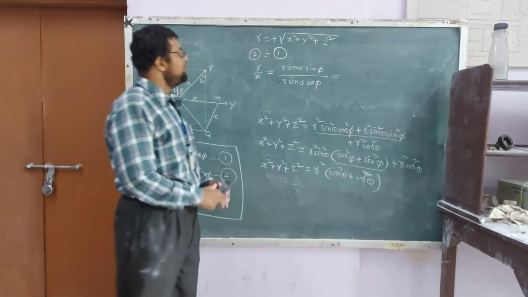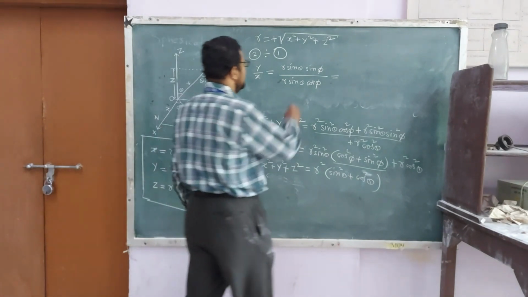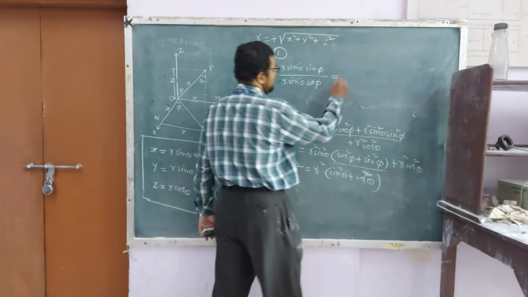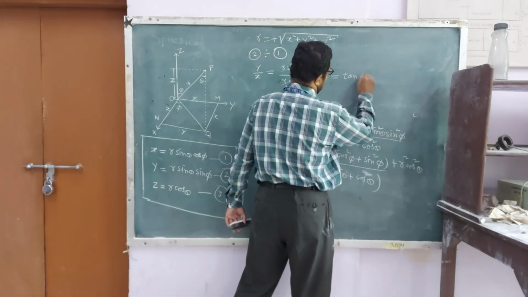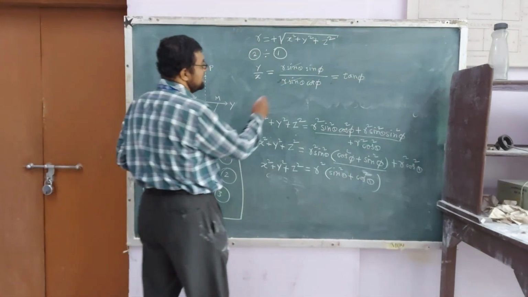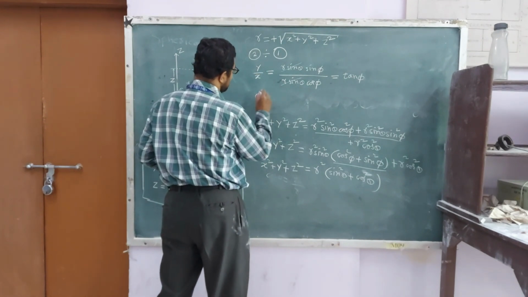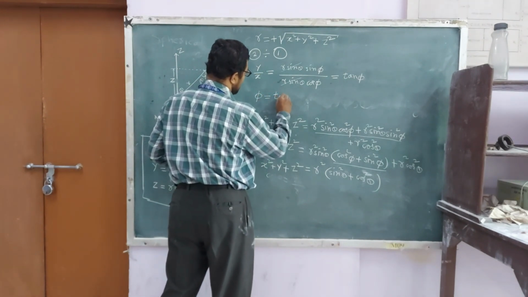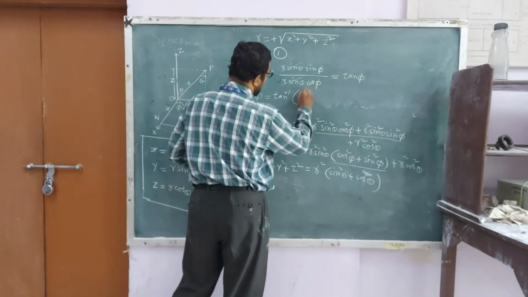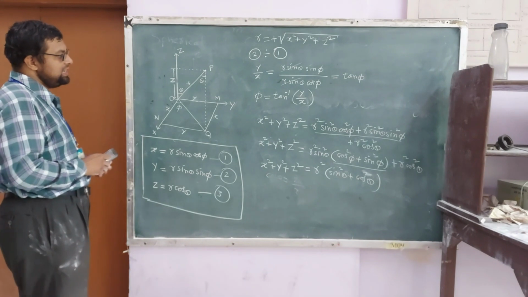So this is further equal to tan of phi, since r sin theta in the numerator and denominator gets cancelled. Therefore tan of phi is equal to y divided by x, so phi is equal to tan inverse of y divided by x. So this is our next coordinate here.